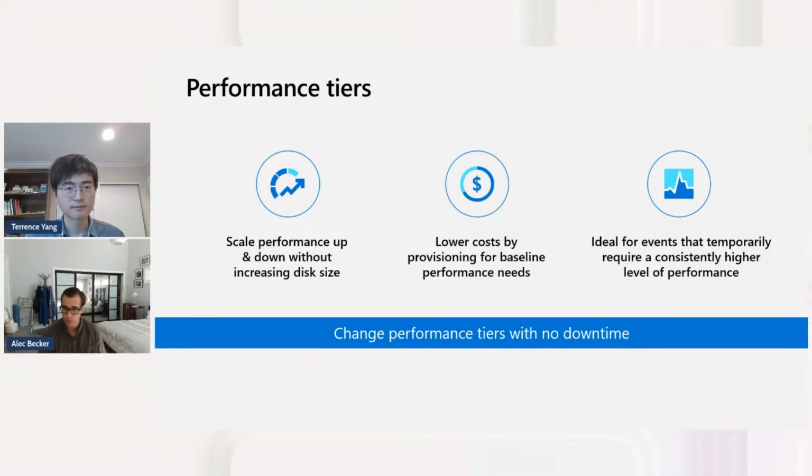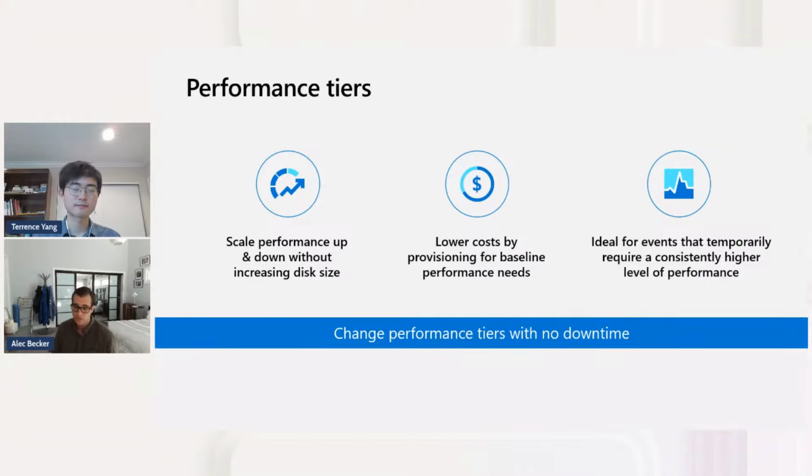This is great for planned scale up and scale down events. Say you have a batch job at night or over the weekend, you can scale up during those times, and then when you're running at a lower baseline, you can lower it down.